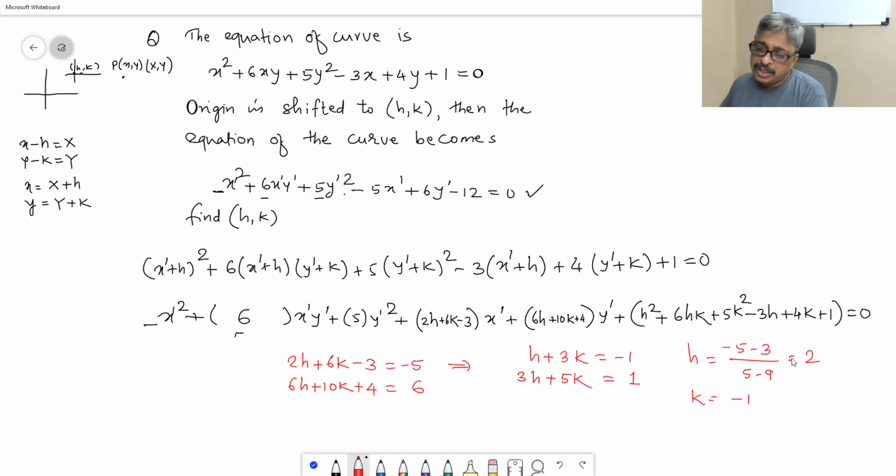Now whether your answer is correct or not, you can cross check by evaluating this bracket, and it should be minus 12. Let us see. 4 plus 6 into h into k, 12 minus 1, minus 12 plus 5 minus 6 minus 4 plus 1.